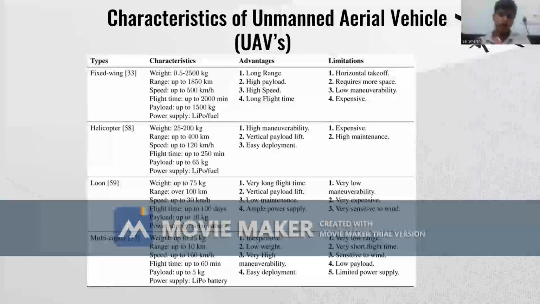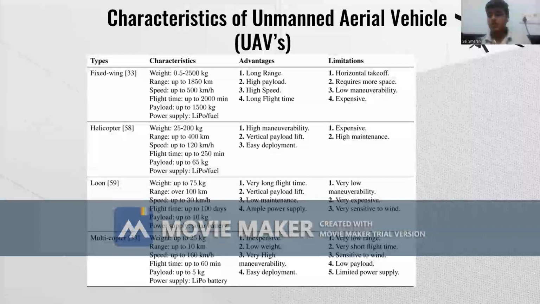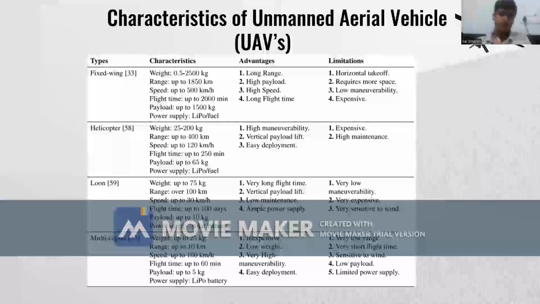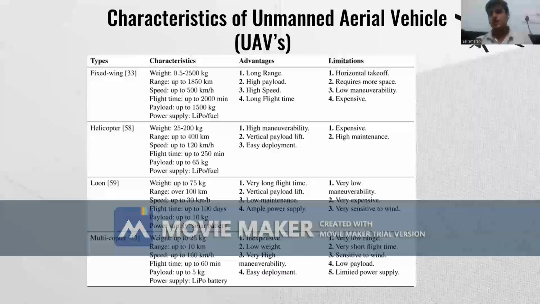Before lithium ion came into the picture, there were lithium polymer batteries, and the main disadvantage of lithium polymer is that it couldn't give the efficiency of the batteries, and hence it was sidelined and lithium ion came into the picture. The limitation of fixed wing is that it uses horizontal takeoff and not VTOL. VTOL stands for vertical takeoff and landing. That is the need of the hour.